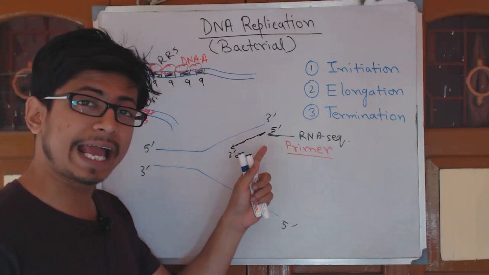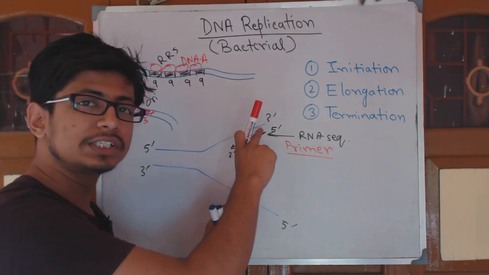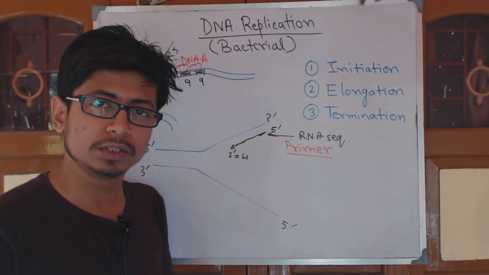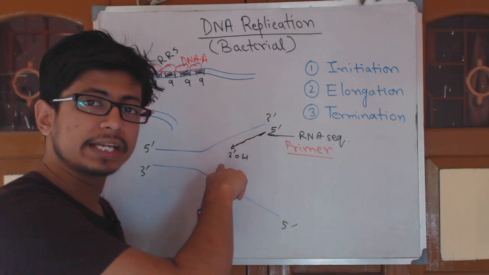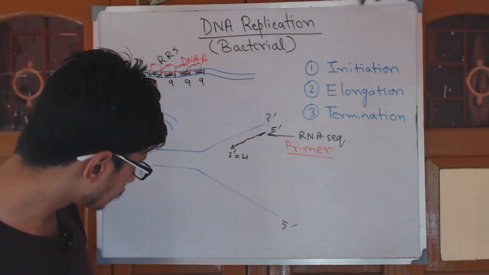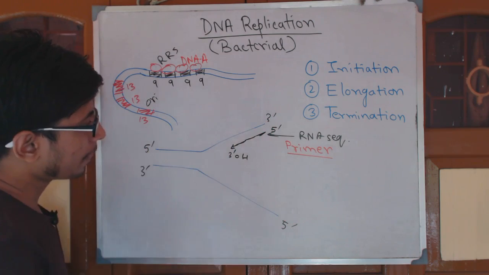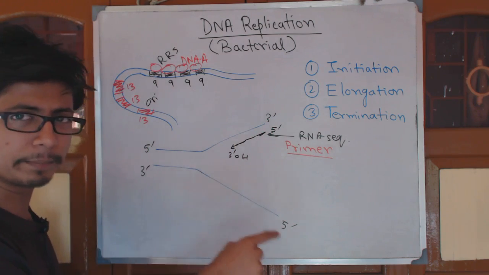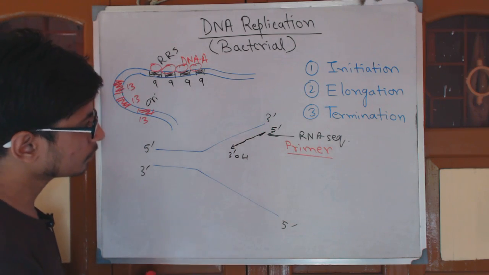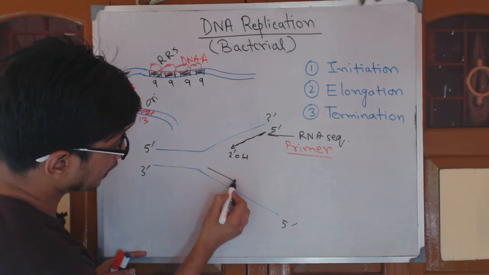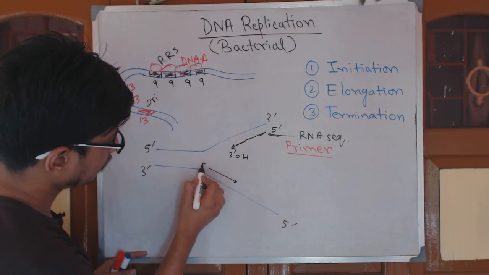This primer is added to both of the strands because DNA replication should be carried out using both DNA strands simultaneously. So the primer is added to both strands. Here, as well, a primer will be added somewhere here. In this case the primer should be added somewhere in this direction.